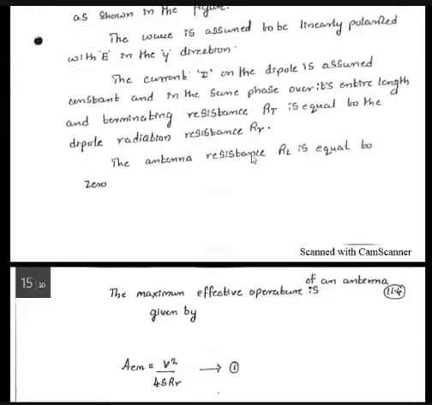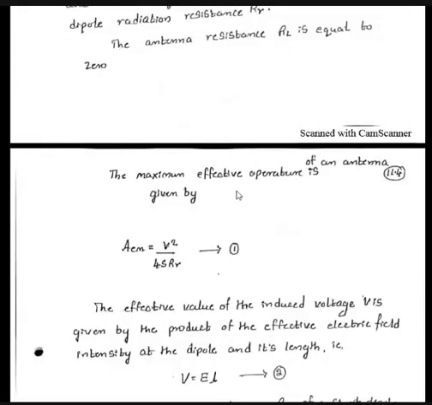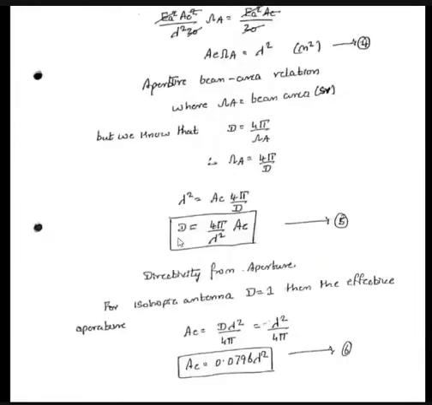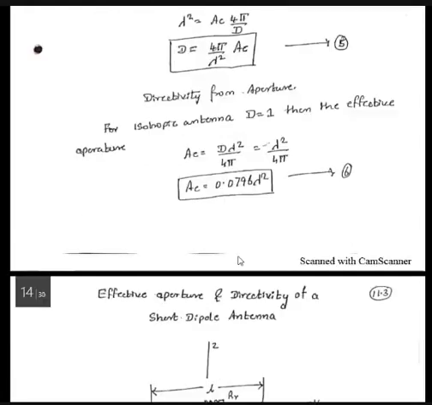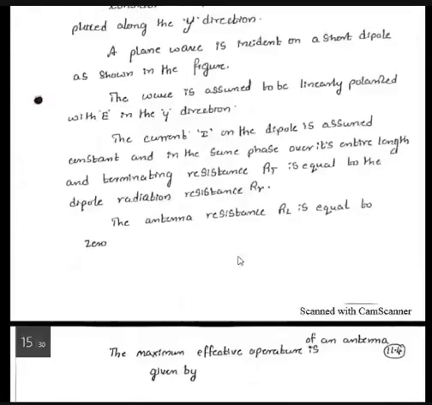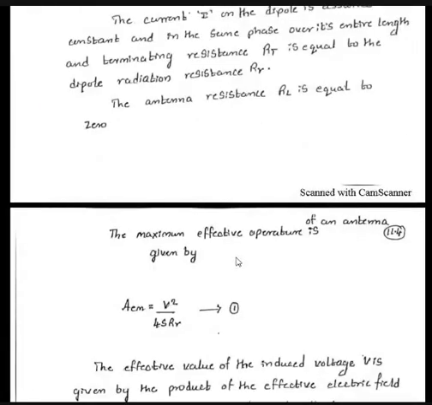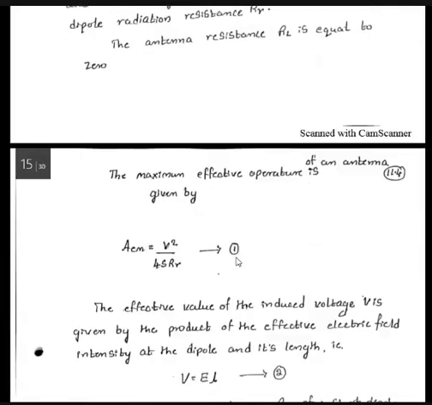Now there is the equation for the maximum effective aperture of an antenna, which I think we learned in the previous video. The maximum effective aperture is equal to V squared divided by 4 S R_r, equation number 1.